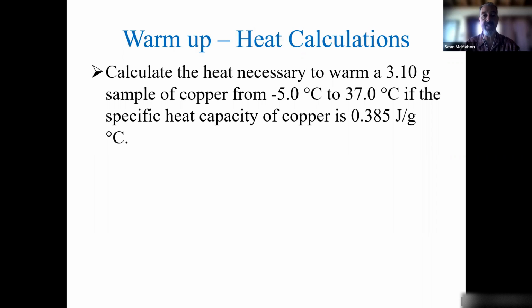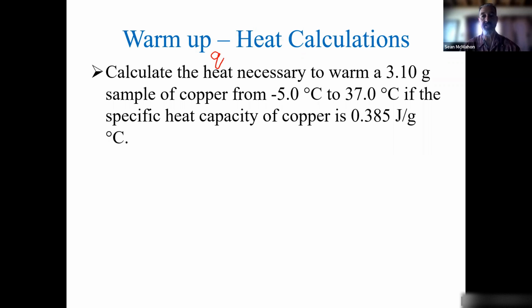Calculate the heat necessary. Right away, I know I'm looking for heat, and from the Q equals mCΔT equation we talked about, heat is Q. So I want to calculate Q, and I probably need mCΔT.